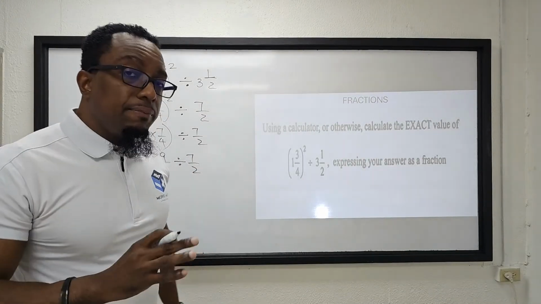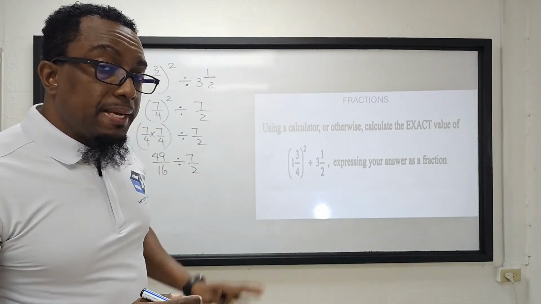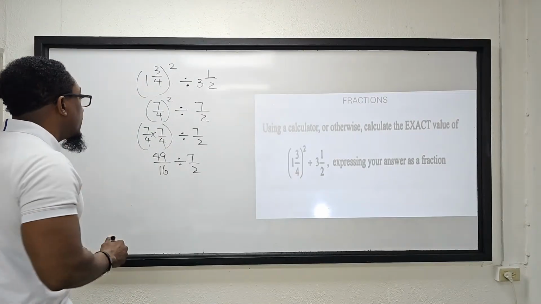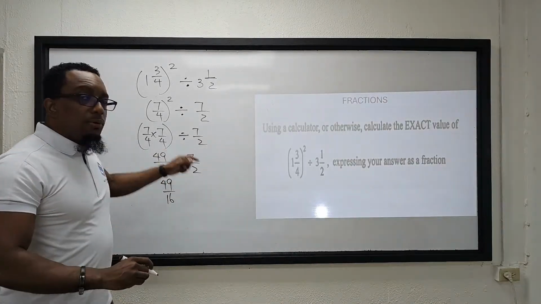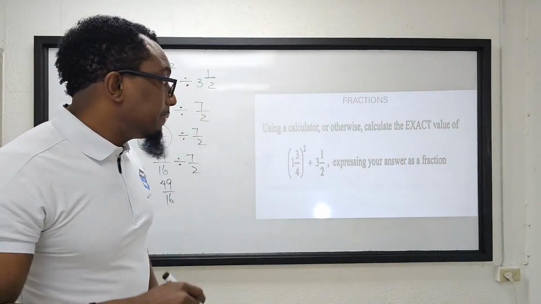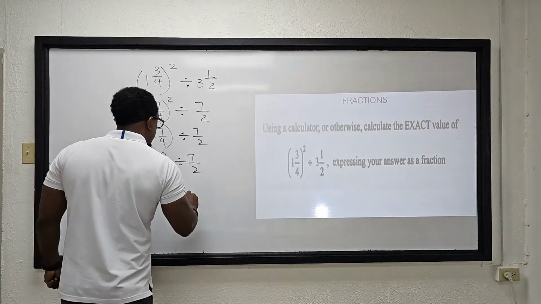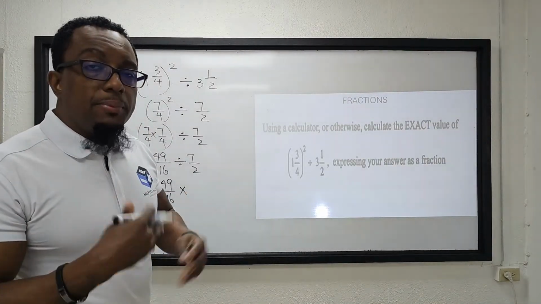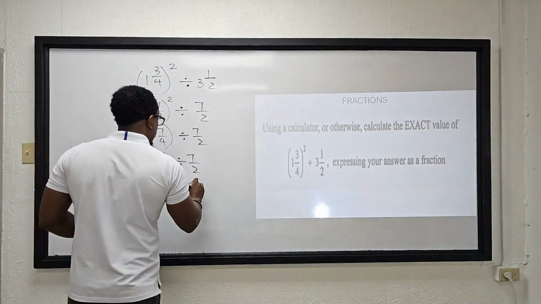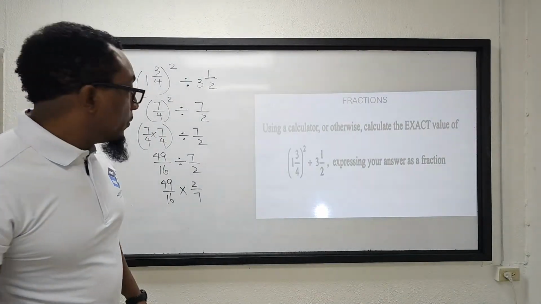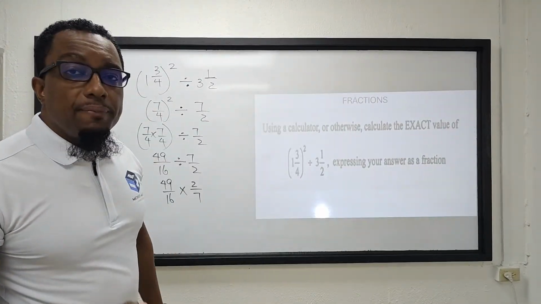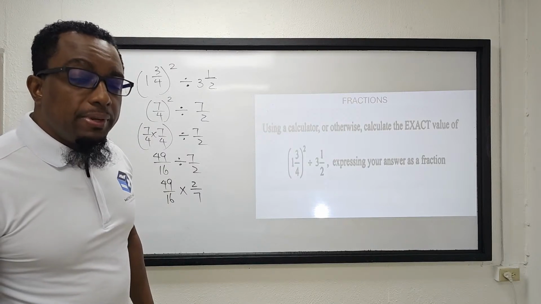And when we're dividing fractions, remember we maintain that order, we leave the first fraction as is. We change our division sign to a multiplication sign. And the second fraction we invert to become 2/7. So again, looking to see what factors are common to both numerator and denominator.